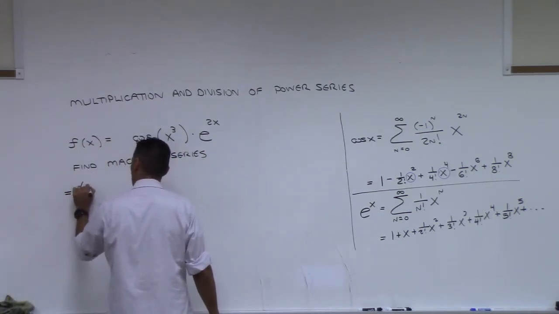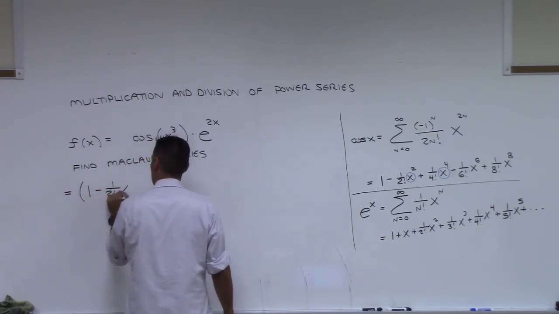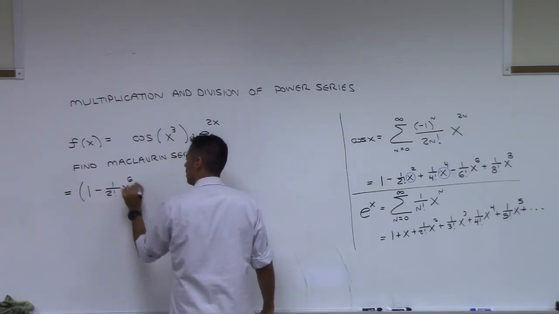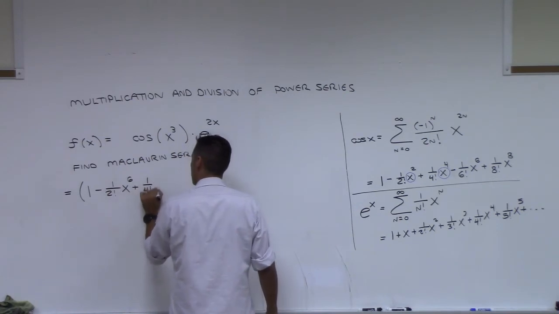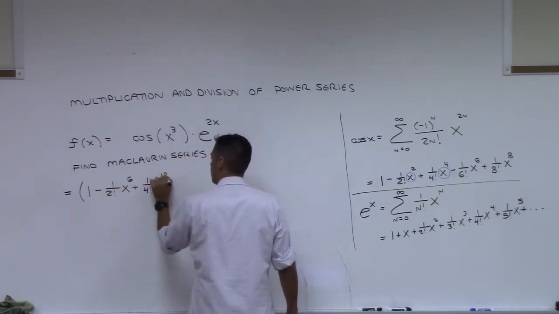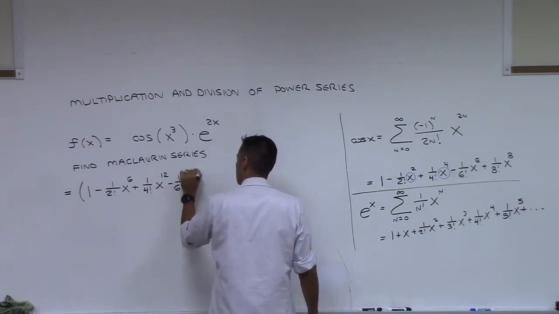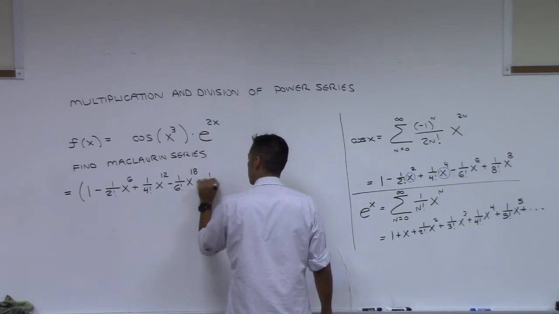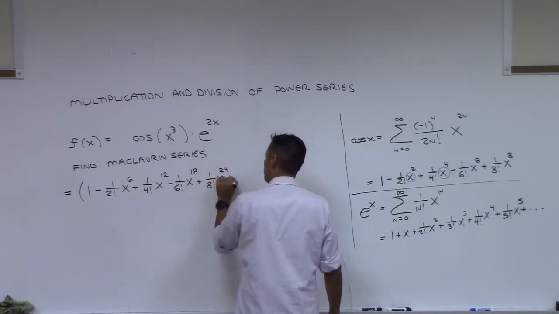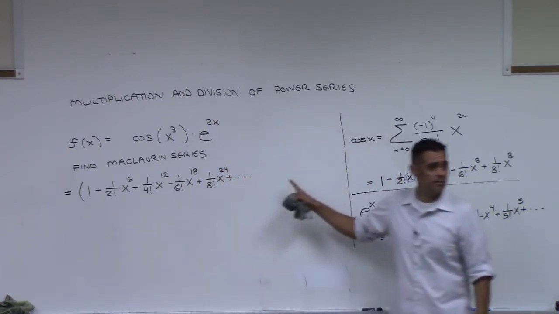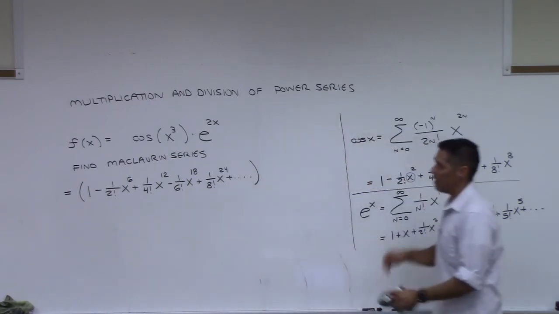We had 1 minus 1 over 2 factorial x to the 6th, plus 1 over 4 factorial x to the 12th, minus 1 over 6 factorial x to the 18th, plus 1 over 8 factorial x to the 24th, plus dot, dot, dot. It keeps going, so I'm going to close the parenthesis. That's the cosine of x cubed.